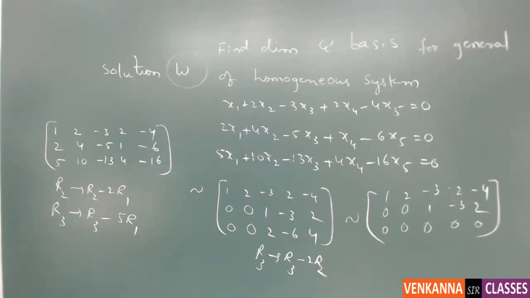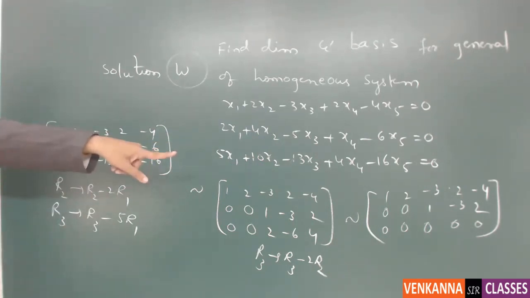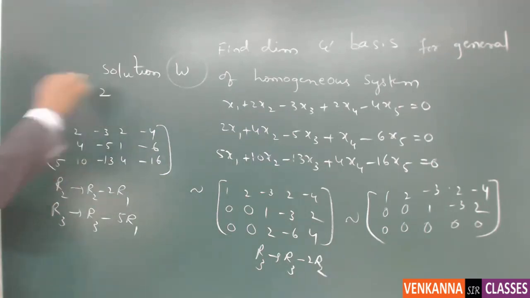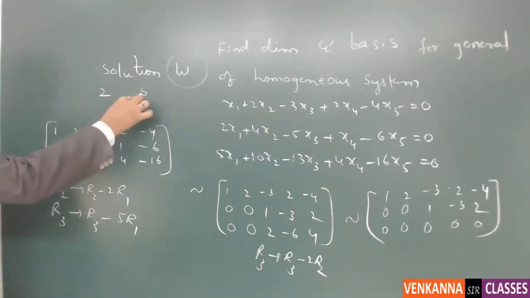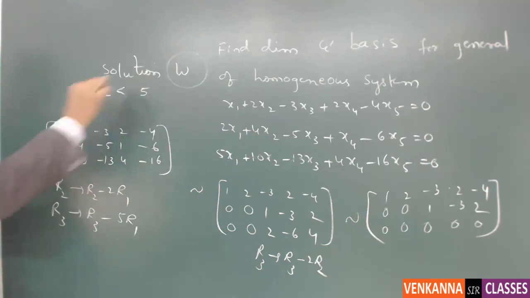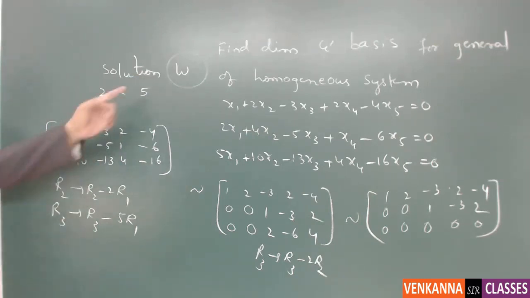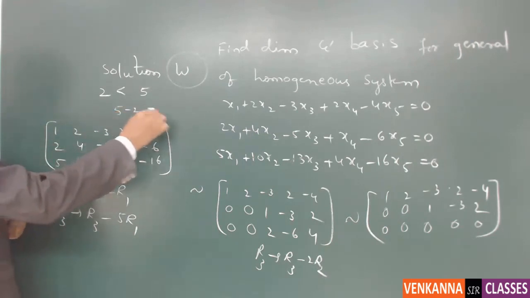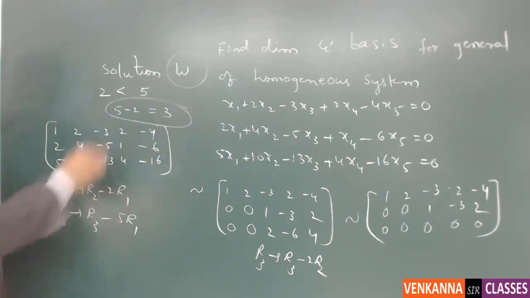Right. And then coming to that matrix, the rank of the matrix is 2, but we have 5 variables. So rank of the matrix is 2, number of variables is 5, it is less than. So the system will have an infinite number of solutions. So how many independent solutions will we get? 5 minus 2, which is equal to 3 independent solutions.